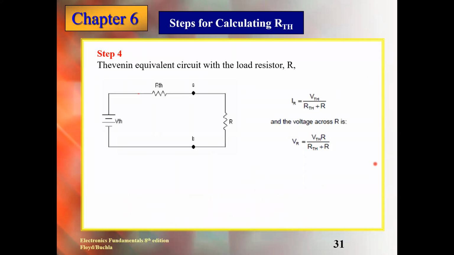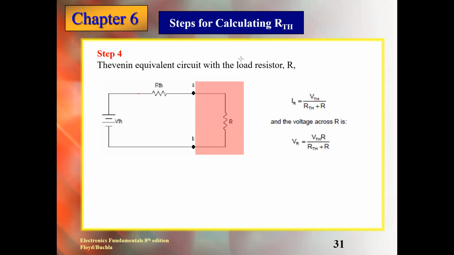Fourth step. Now we can draw the Thevenin circuit. This is our Thevenin circuit. Now we can connect back the load resistance here, which we removed in the beginning. This is the load.